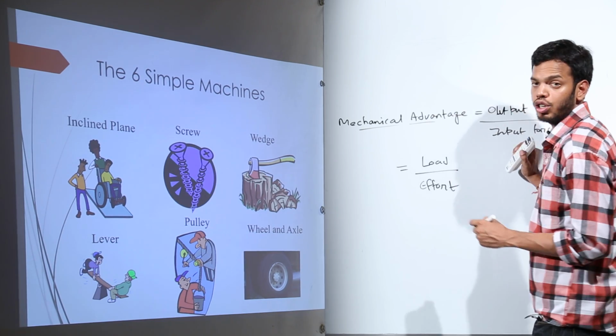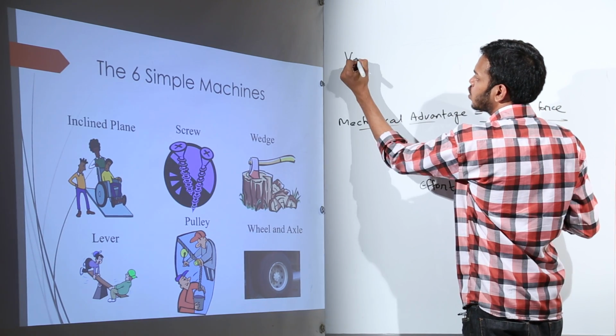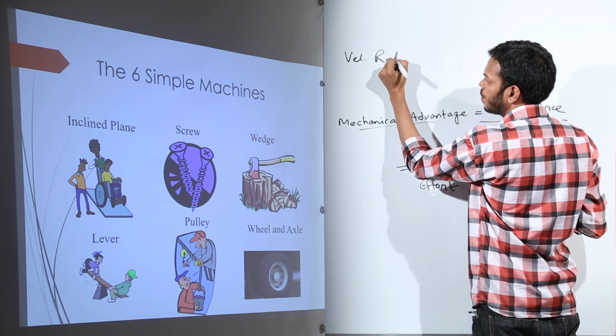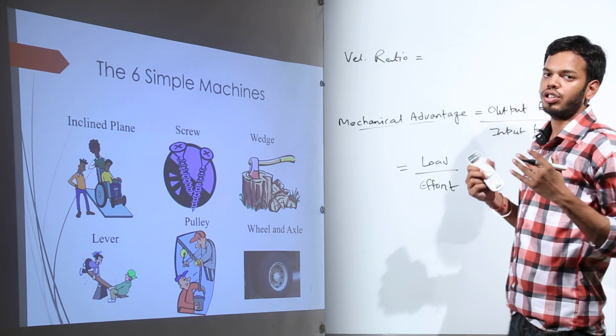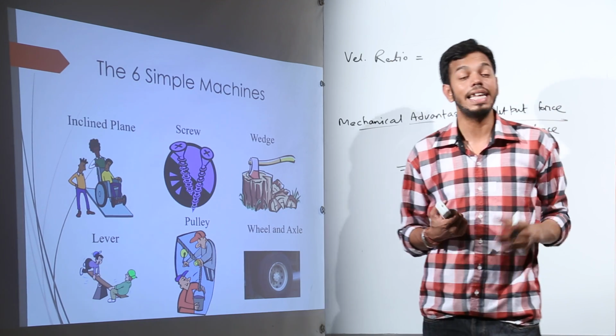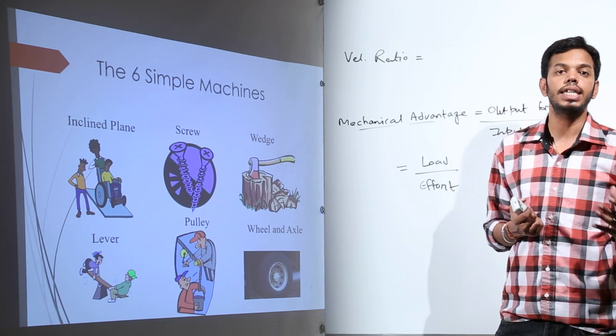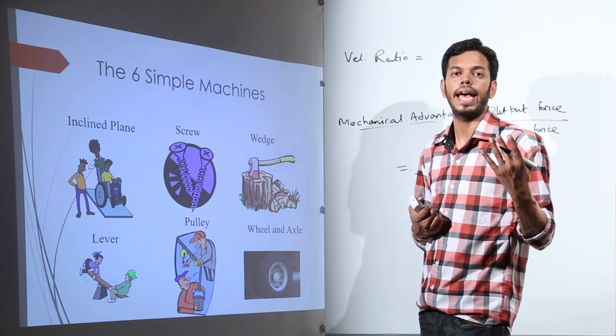Now another term which you will be asked for is called velocity ratio. Velocity ratio is actually not the ratio of velocity, well it is, but indirectly it is the ratio of distance moved by load and effort.